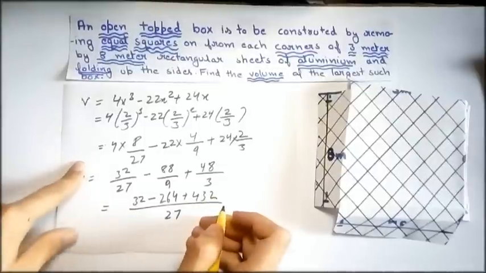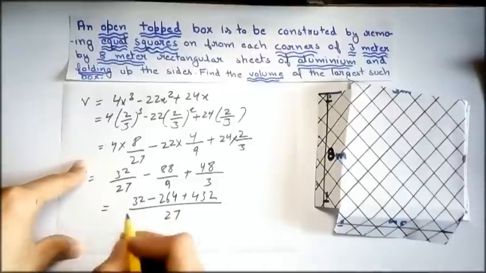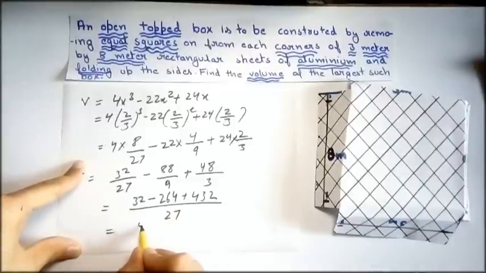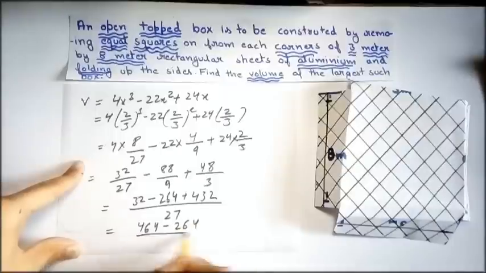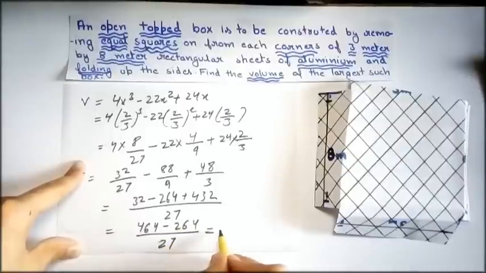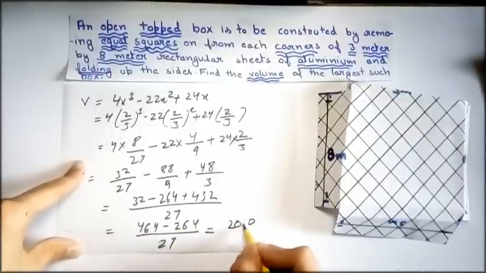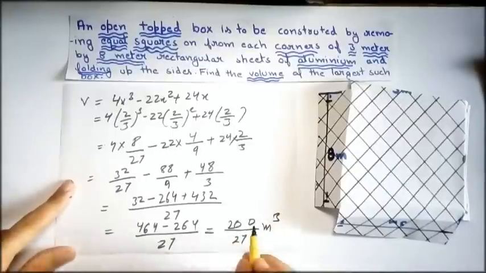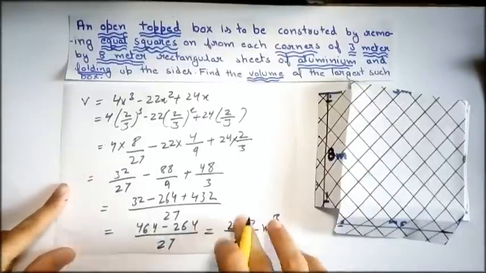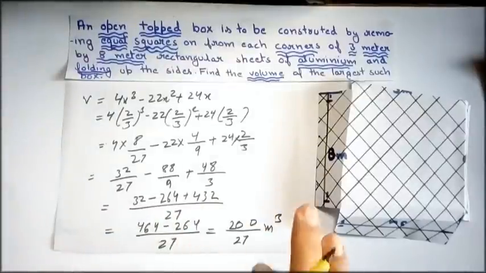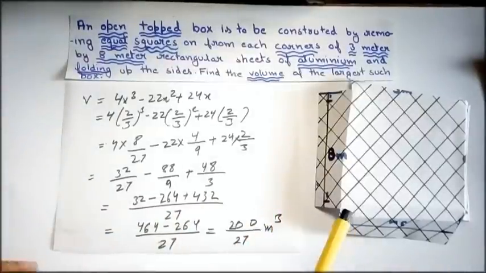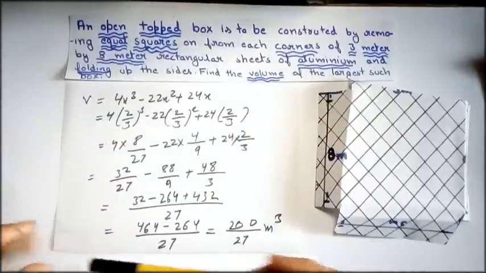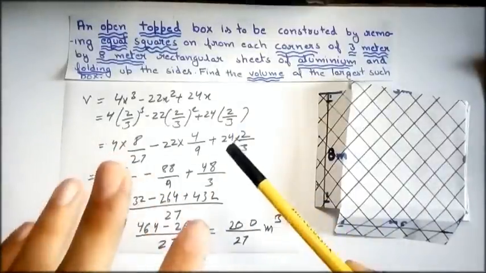Yes, 432, and now we will solve this, that is 464 minus 264 by 27 is equal to 200 by 27 meter cube, and this is the maximum volume of the largest such box. This question was very easy to understand, and we just solved it. Everything is calculation in this question. Your calculation should be perfect to solve this question.